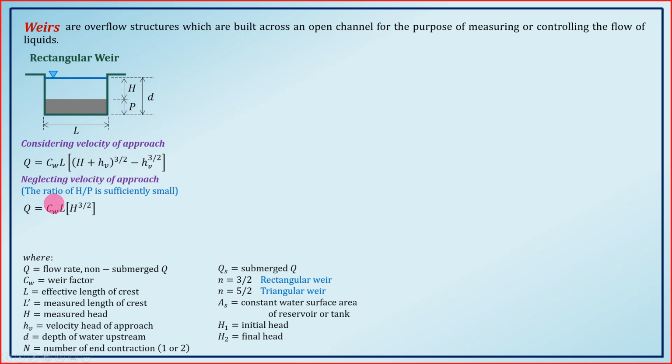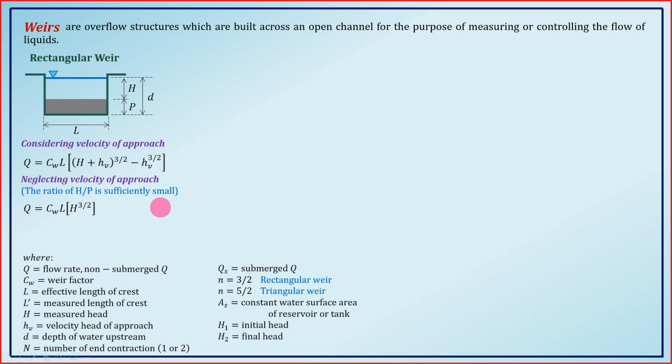Again, yung H, ayan siya. Kailan tayo nagkakaroon ng neglect ng velocity of approach? Kapag yung ratio ng H and P, yung head and the plate, is small. Or binabanggit yan sa mga problems. Sasabihin yan, neglect velocity of approach. Or, hindi rin binabanggit. Kapag hindi binanggit, rekta na yon sa mga problems, neglect velocity of approach.